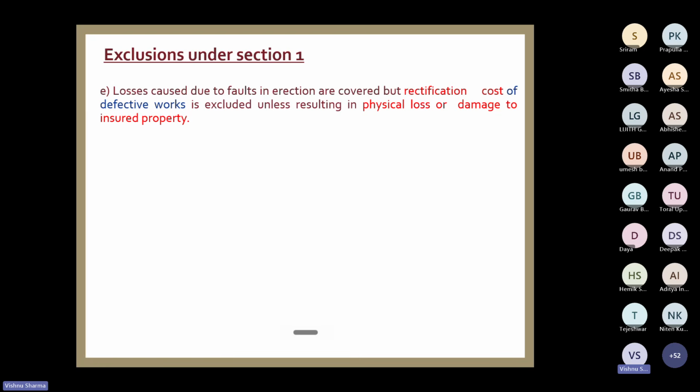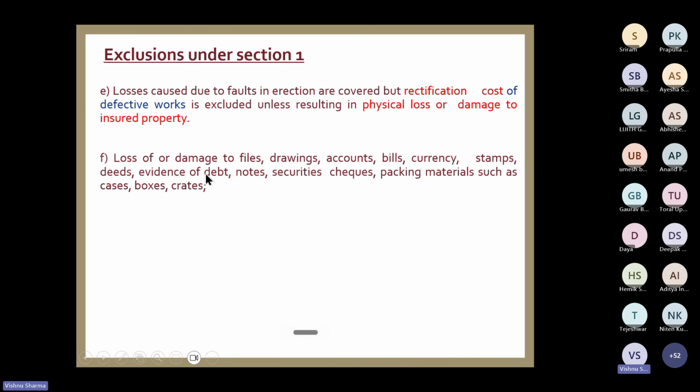Now what is the contractor supposed to do? He is supposed to dismantle everything and re-erect. So these costs are not payable under the policy, but if it results in a loss, that is payable. Okay. This is very important. Exclusion E is important. Because half of the portion is covered, half of the portion is not covered.